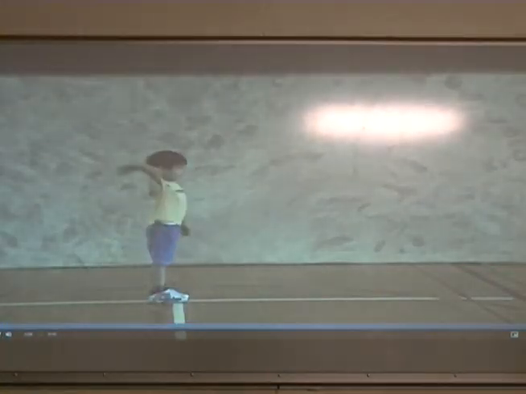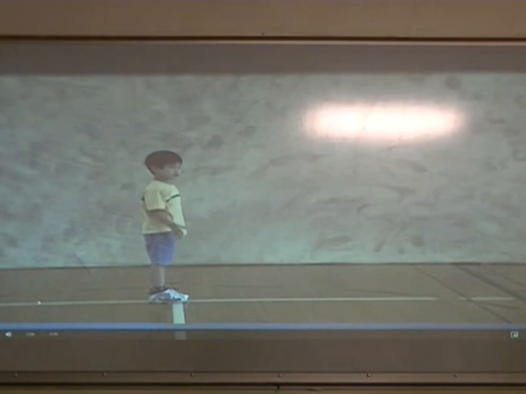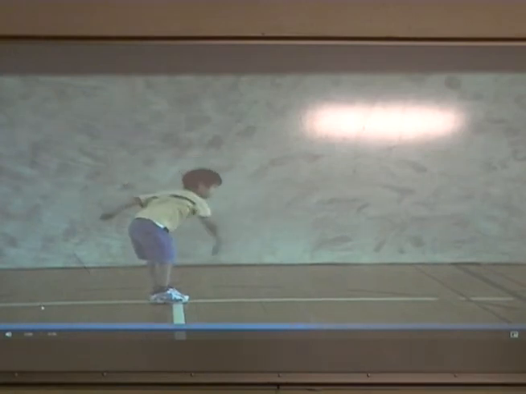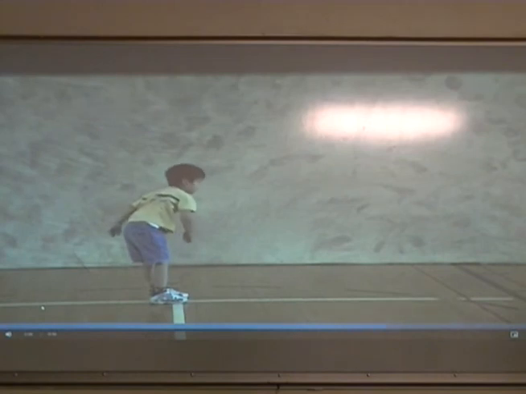Because stage 4 has a similar characteristic for the arm action. And his feet aren't moving at all. His feet just are not engaged. Right? Very curious.